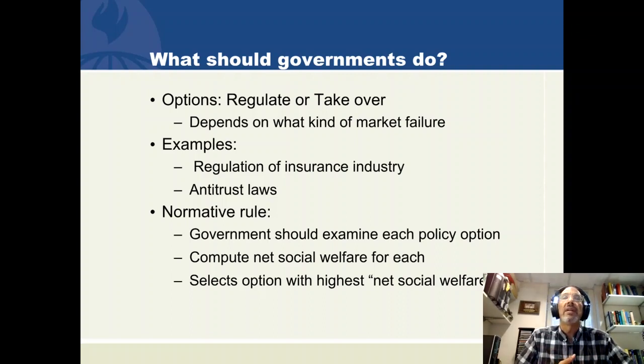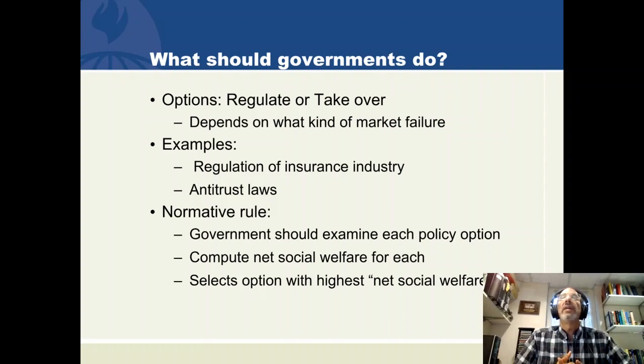The USA says we regulate, and the United Kingdom says we take it over and we do it by the government. An example of regulation of the insurance industry would be antitrust laws. There are laws about the need for insurance companies to be in competition.